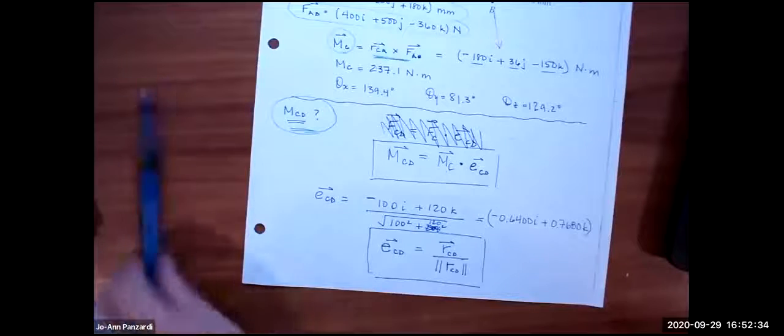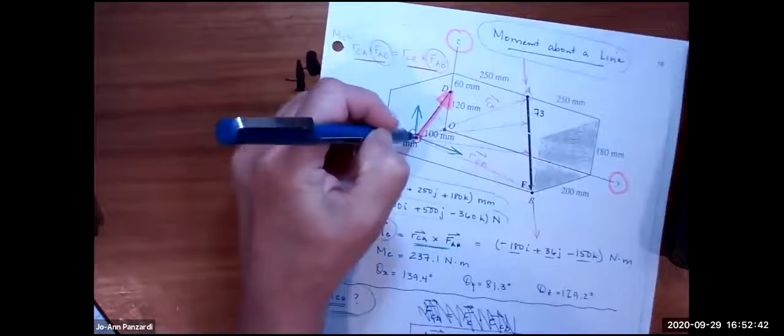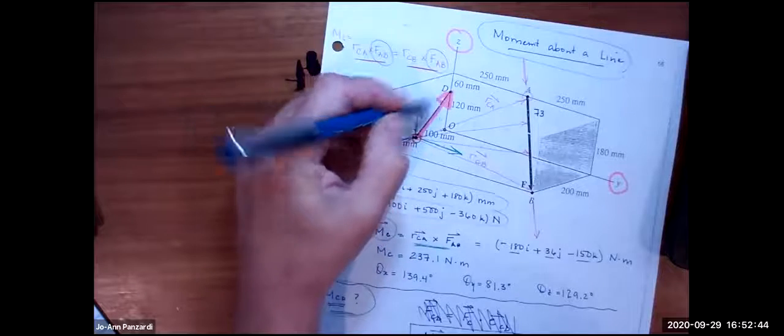I would say it's correct. Isn't this negative 100i plus 120k the distance going from C to D? It is, yes. So it's the R vector. And squaring those gives us a magnitude. This is correct.